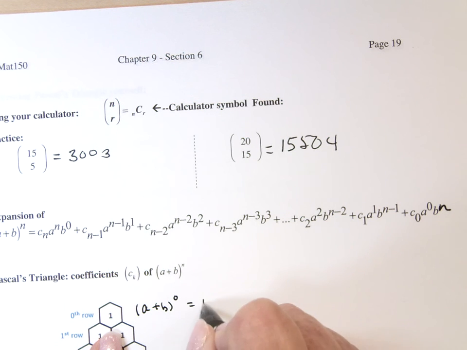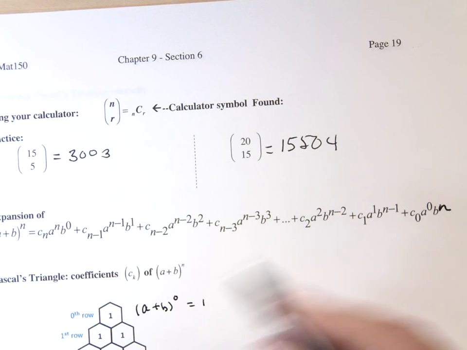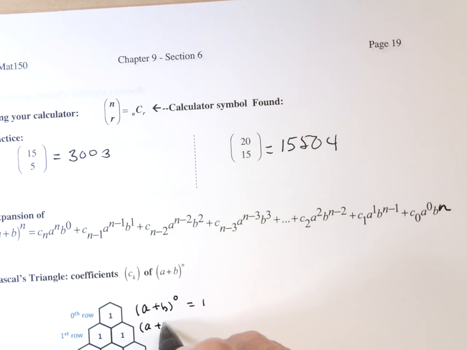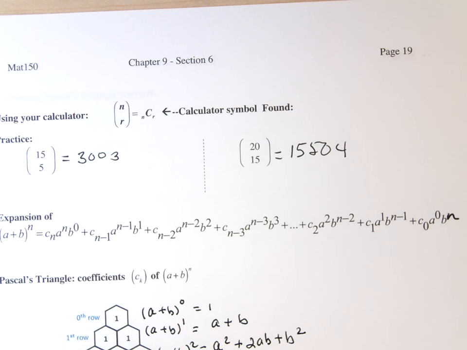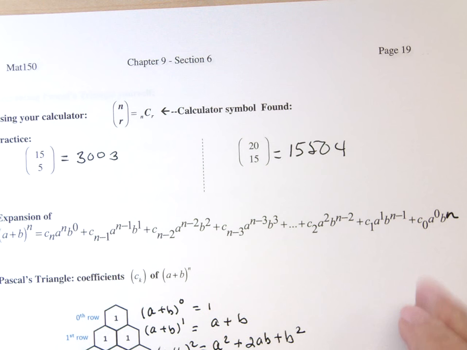Well, that's just 1. (a plus b) to the 1 power is just a plus b. Coefficients of a and b are just 1. (a plus b) squared is a squared plus 2ab plus b squared. And notice, 1, 2, 1. The coefficients of a and b.